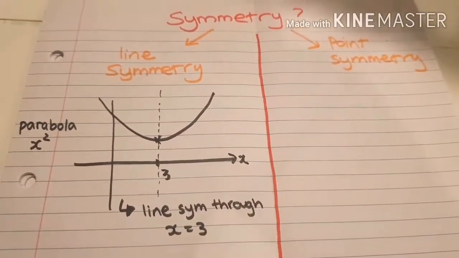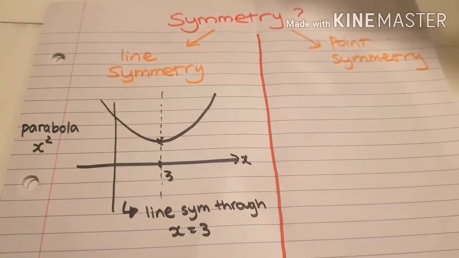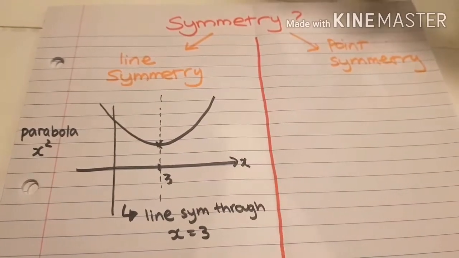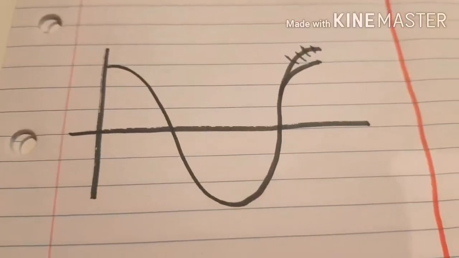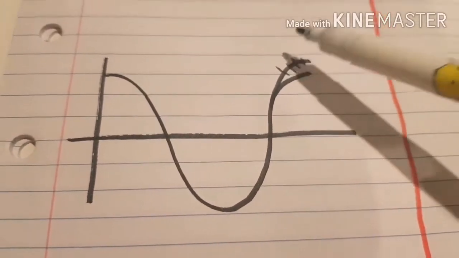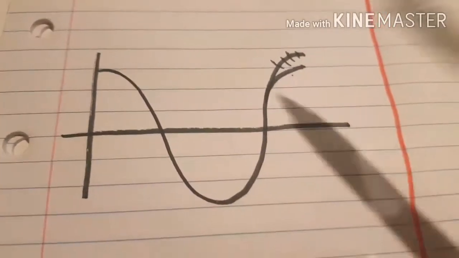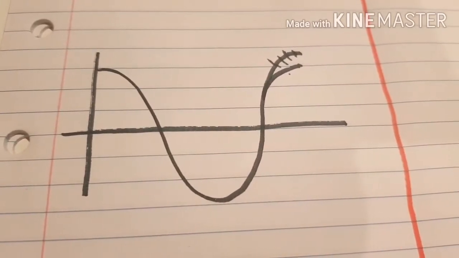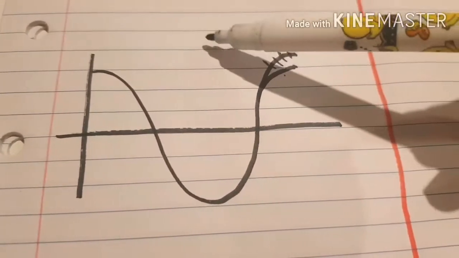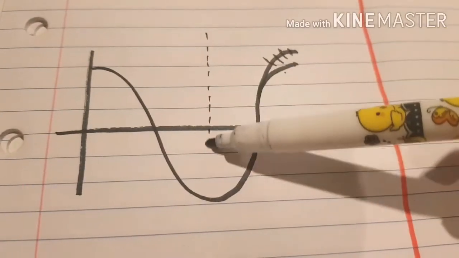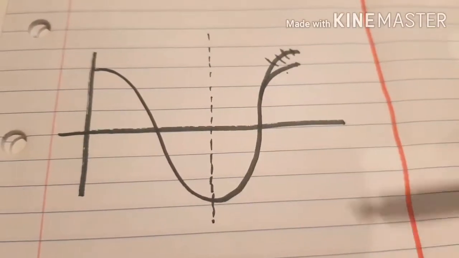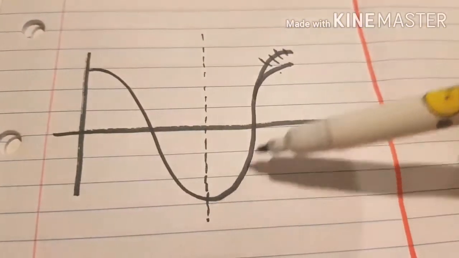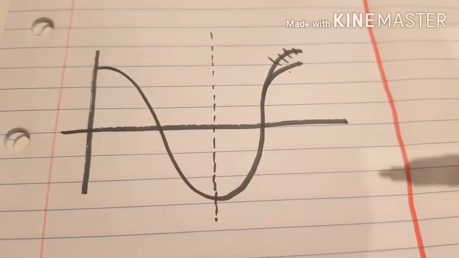Have a think about it. Cubic, sine, cosine. What's this graph? Ignore this line, I drew it wrong. Yes, it's a cosine graph. If I fold the cosine in half, the left hand side and the right hand side should be symmetrical.